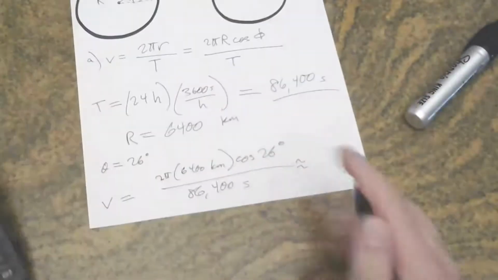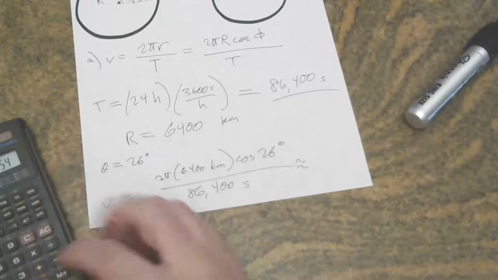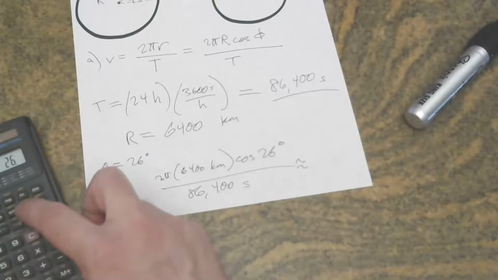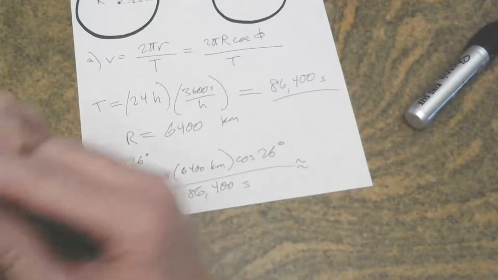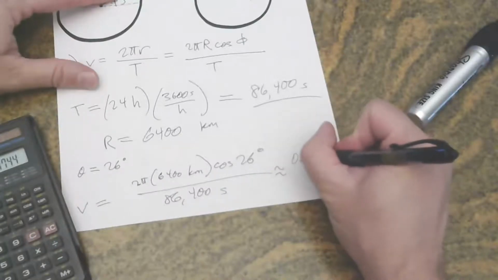And I'll do some rounding here, hence the approximate symbol. 2 times pi times 6,400 kilometers times the cosine of 26 divided by 86,400 seconds gives me a number that doesn't sound right. 0.4 kilometers per second.